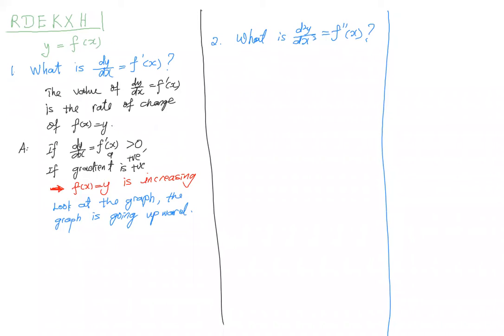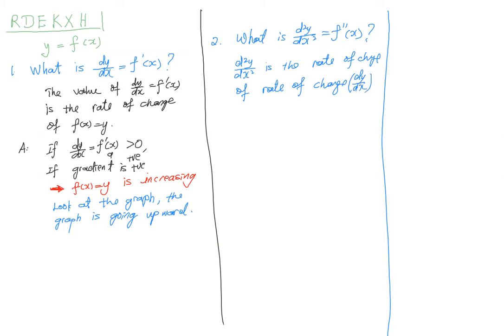Yes, so d2y over dx squared is the rate of change of the rate of change. That is dy over dx.